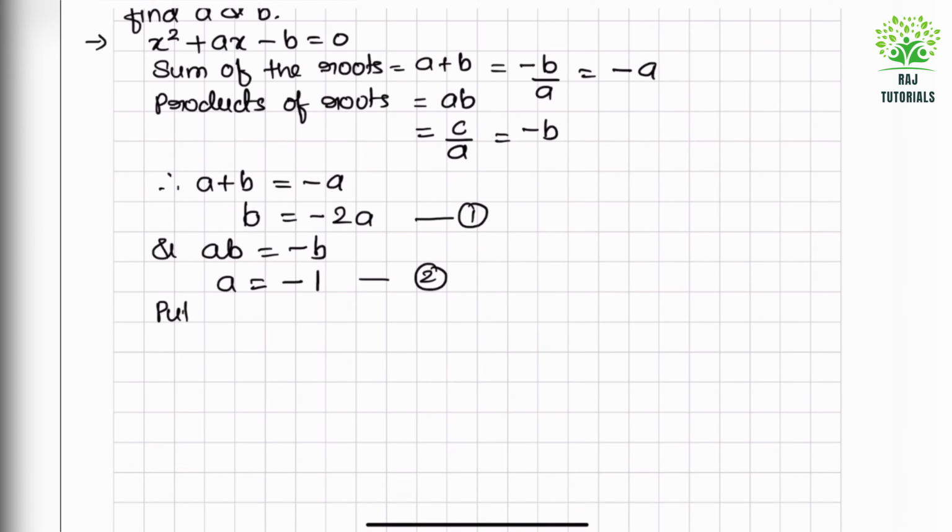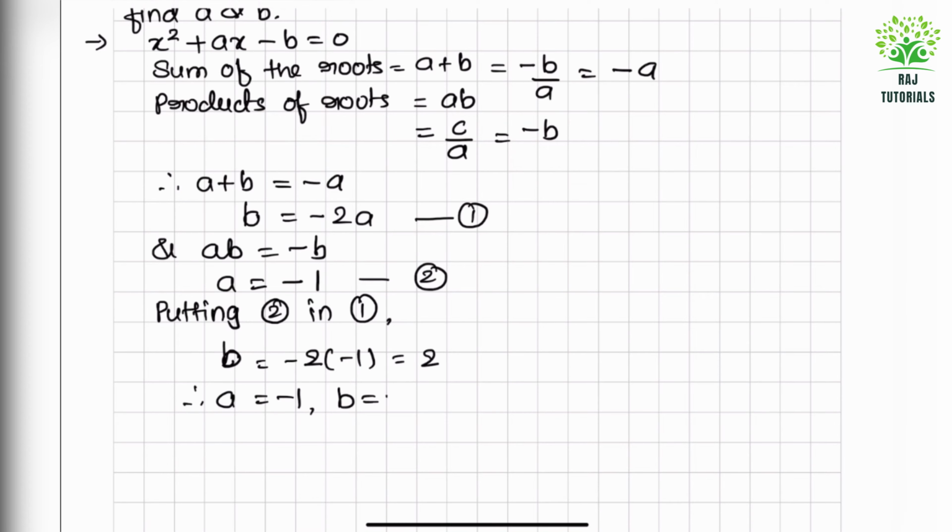Putting in 1, b equal to minus 2 into minus 1, that is 2. Therefore, a equal to minus 1, b equal to plus 2.